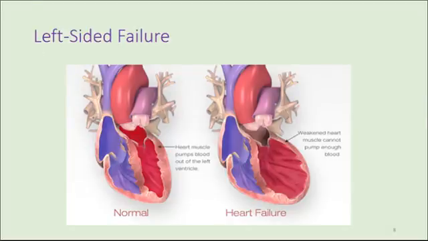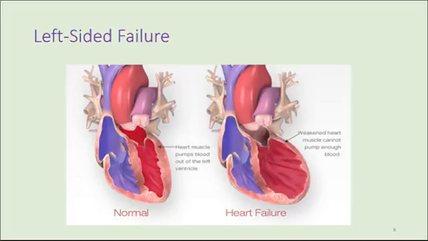Most common, I'm thinking it's like 2/3 of heart failures are left-sided heart failure. It's when there's a pumping efficiency failure, which I called earlier pump failure.